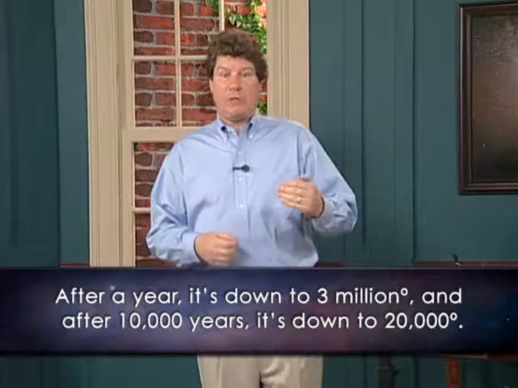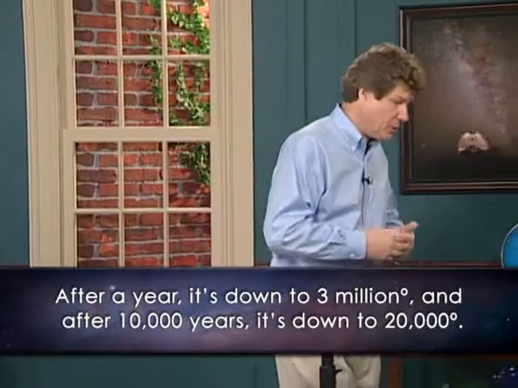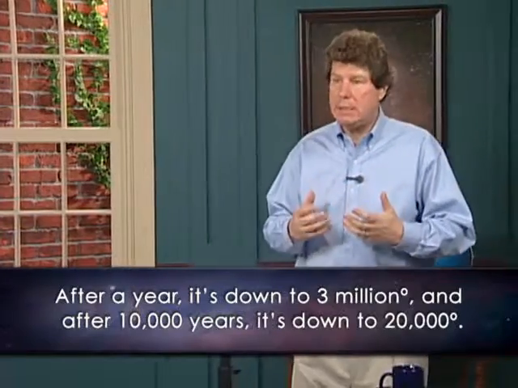Now, at this point, the pace really slows down. Not much happens for thousands upon thousands of years. The temperature steadily drops. After a year, it's down to 3 million degrees. After 10,000 years, it's down to 20,000 degrees. But this is still way too hot to form atoms, and so the gas is ionized.